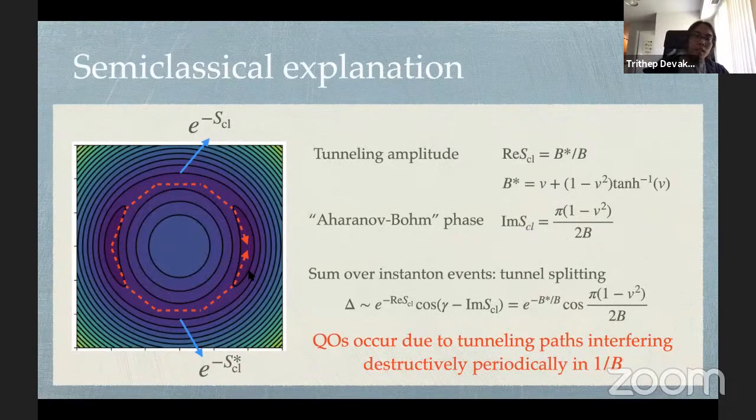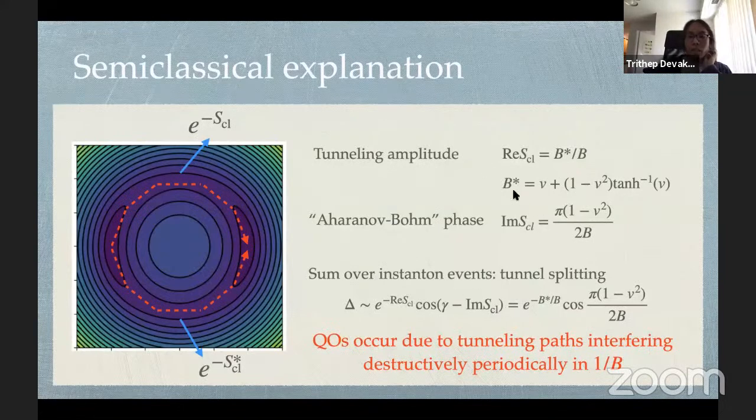And now, knowing this, you can compute the tunnel splitting by summing over all these instanton events where you jump from one to the other, back, and so on. And this tunneling splitting is just given by e to the minus the real part of this classical action. But now the imaginary part leads to interference between these two paths, and so you end up with a cosine, some offset, and the imaginary part here.